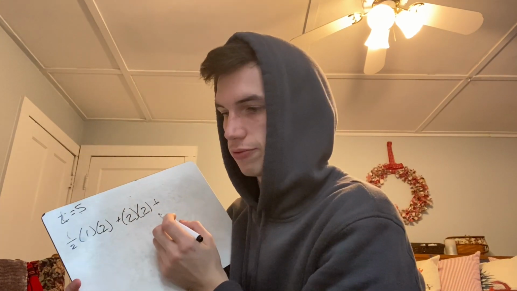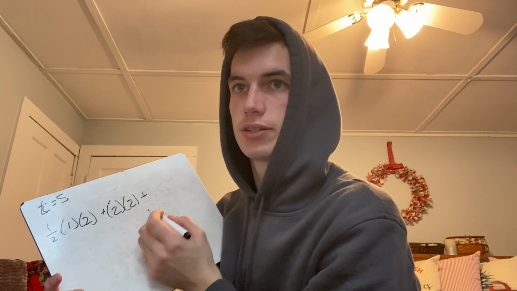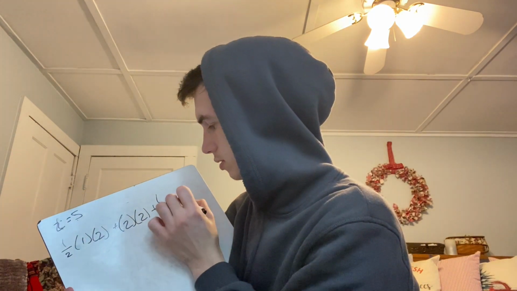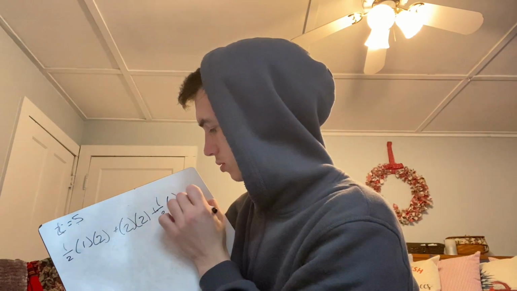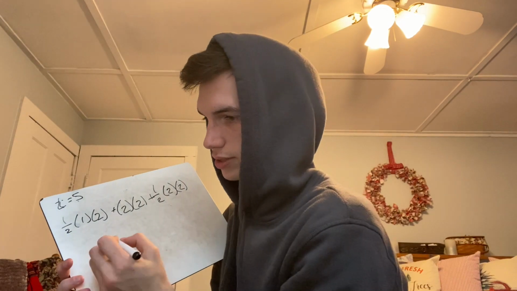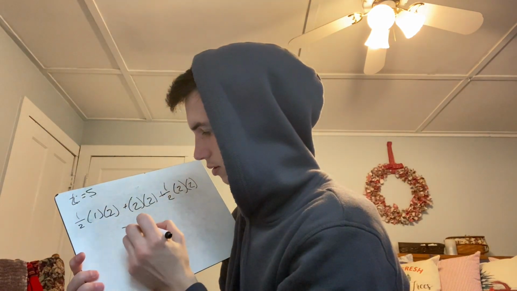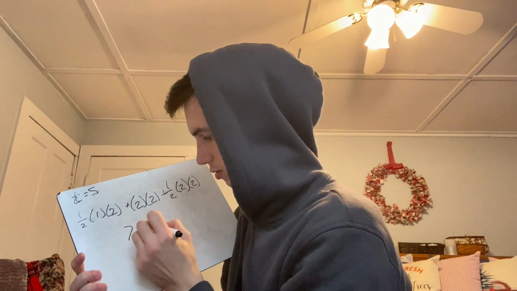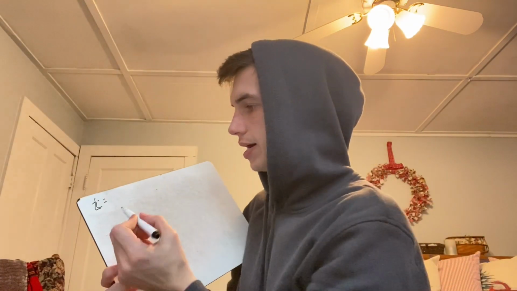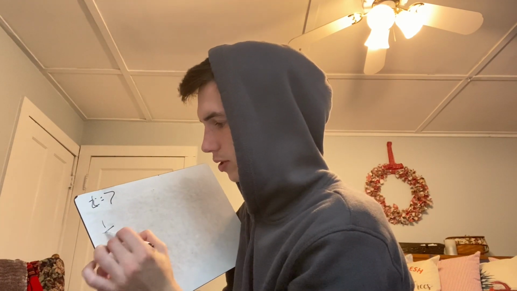And then we're going to add from 3 to 5 seconds. So this is going to be 1/2 times 2 times 2. And this is going to give us 7 inches cubed of volume.